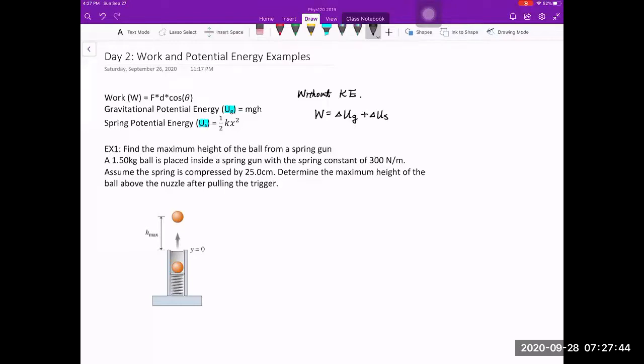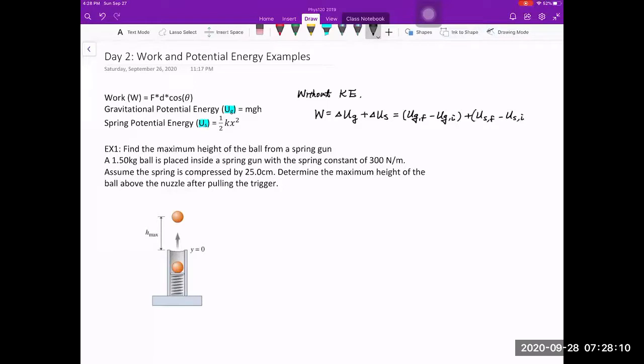And when we define the potential change, the change means the final minus initial. So this is equal to U sub G final minus U sub G initial, plus U sub S final minus U sub S initial.